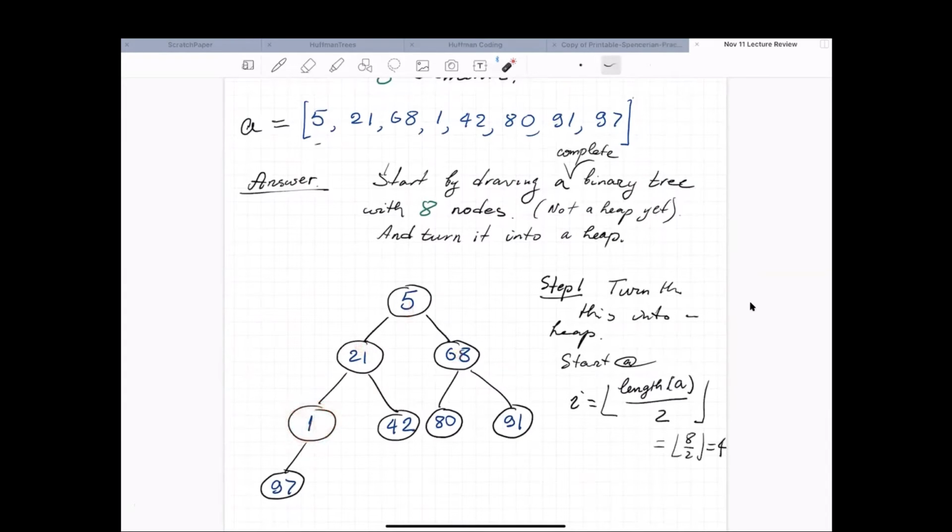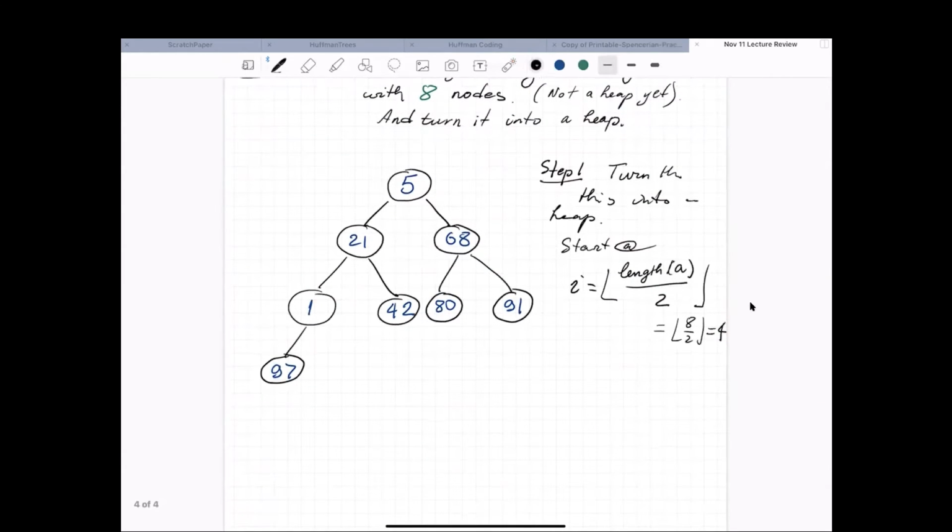And then what do I do? 1 is at index 4. Does it violate the heap? So I is 4, index 4. It violates the heap property, right?